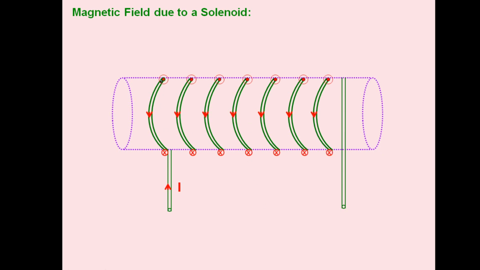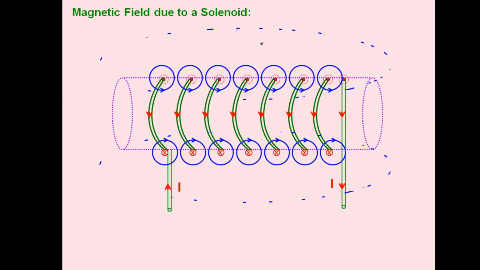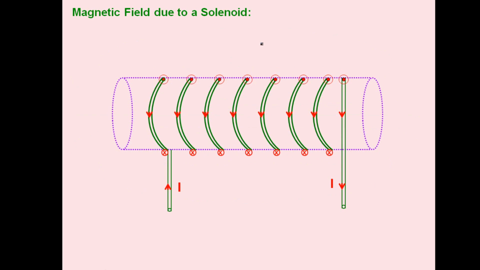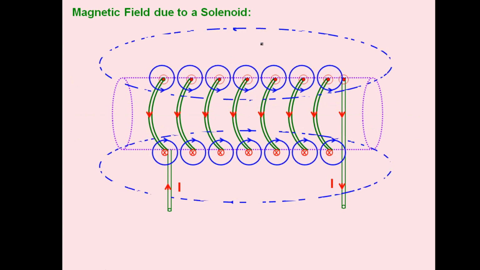On the upper portion, it is coming out. On the lower portion, it is going backward, inward, then coming out, then inward, then out, then inward, and so on. This will produce a magnetic field in this structure. Once more, the magnetic field lines due to this current carrying source will be in this way.